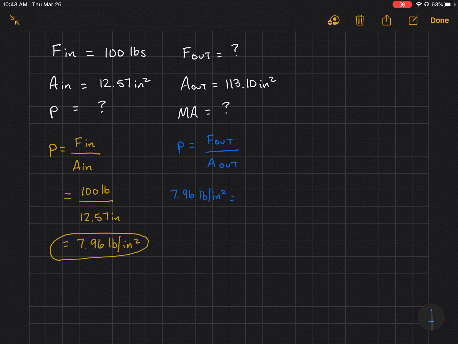And that is going to be equal to our force out, the variable that we're calculating, divided by our area out, which we know is 113.10 inches squared. If we do our algebra here to get force out by itself, we'll take 113.1 times 7.96, and we will get that the output force on the system is 900.28, we'll call it, pounds.